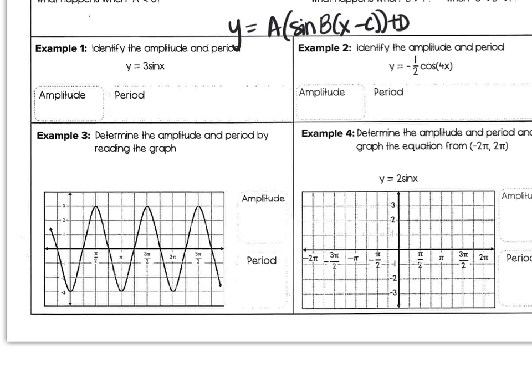And the only two that we're going to be talking about right now are this amplitude and period.